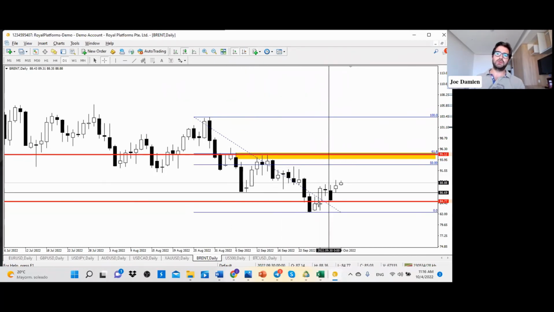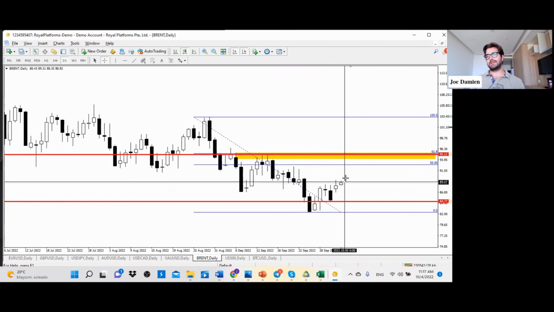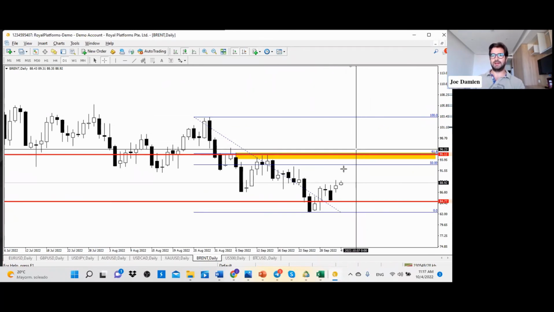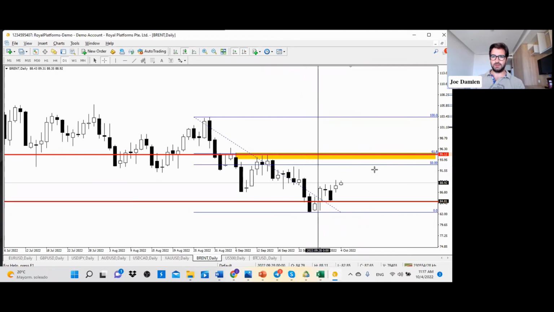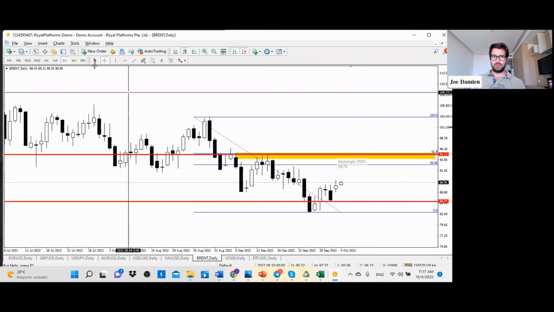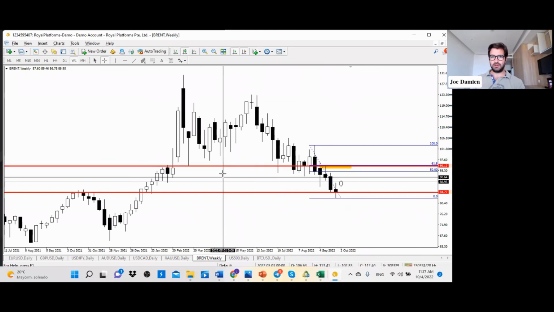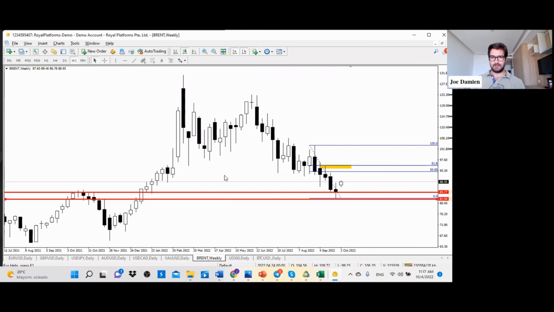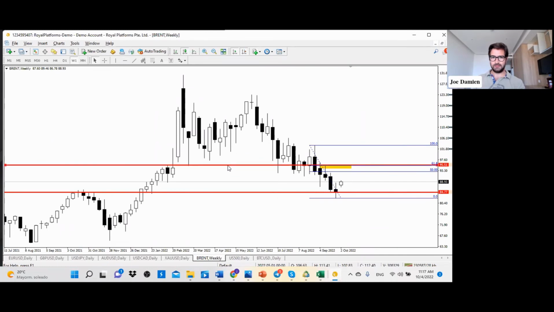Okay, most traders think that this is a reversal and a move to the upside. It's too early for a reversal. What I will see is a correction maybe until this area here, which is the 61.8. Why? Because here we have a strong resistance. This is the resistance that I am talking about here.